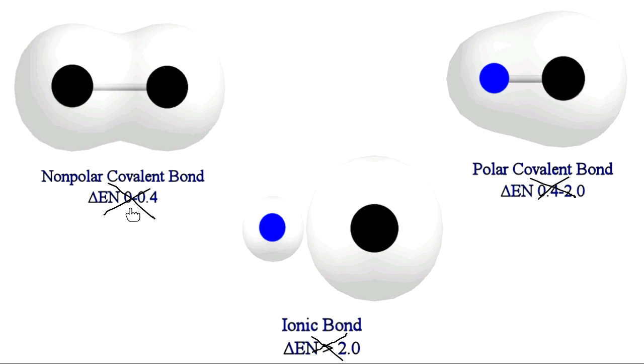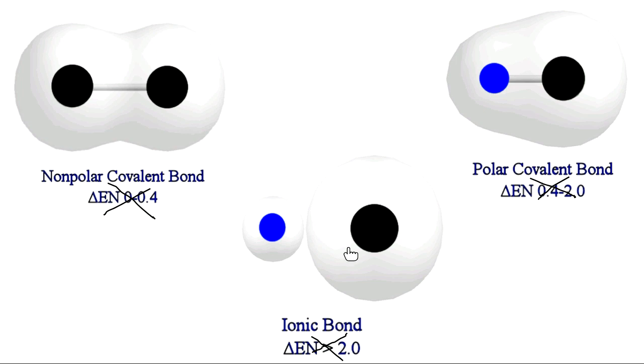Notice in an ionic bond, here's what I want to highlight. See how I've got one electron cloud and another electron cloud. In an ionic bond, we don't share electrons. I can tell because I have two different electron clouds here. One of them is for my anion, that's really big. One of them is for my cation, that's small, because this one gave away an electron that's now zipping around just this nucleus over here.